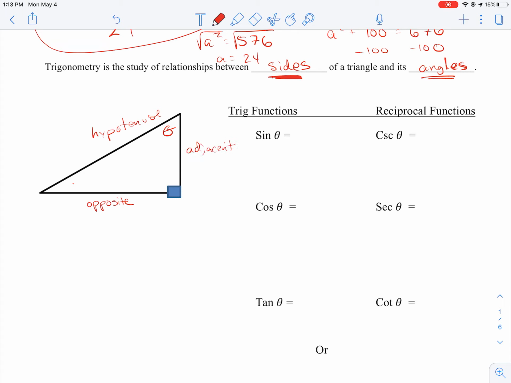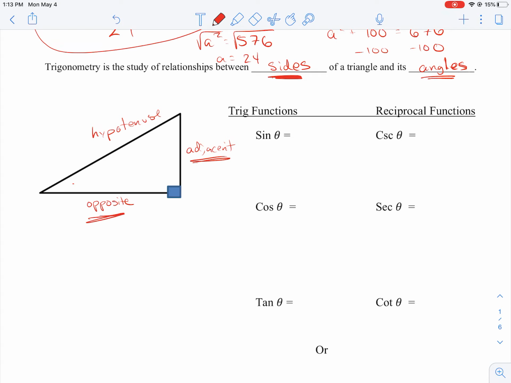It's the side that's touching the angle in question. They always notify which angle they're talking about. Sometimes they'll have it labeled theta, and sometimes they might have a number in there, like 45 degrees. Whatever angle they give you, that's what you base these other sides on.